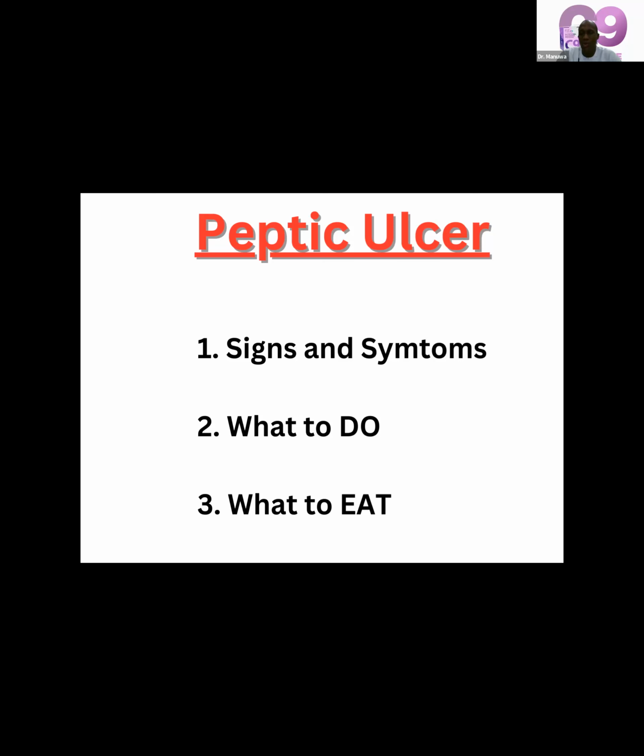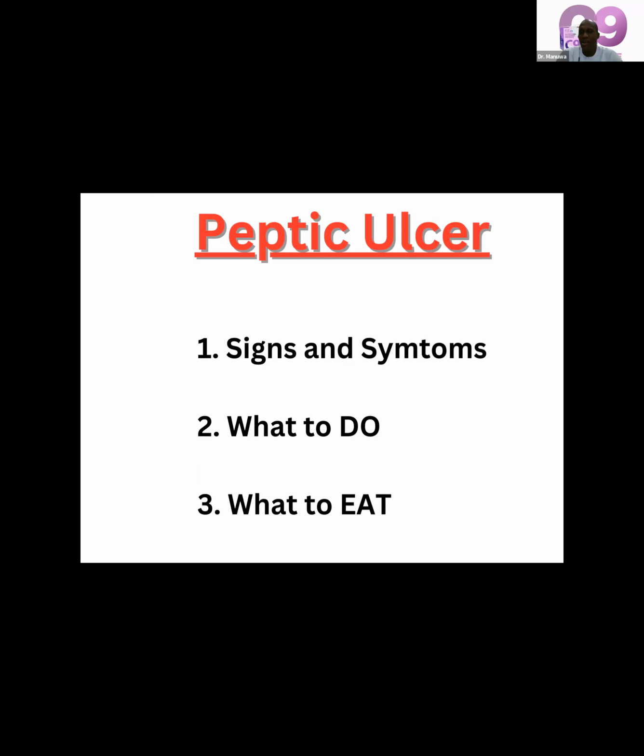When you look at the causes, we do not need to be told some of the signs and symptoms, because generally in Nigeria, it has been documented that over 100,000 people experience peptic ulcers annually. So it's a very serious thing.